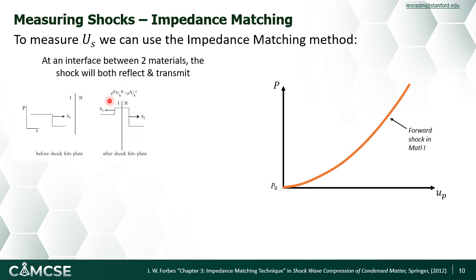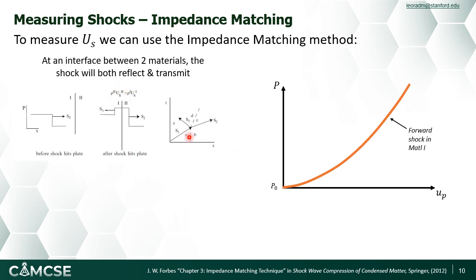So we'll end up with something that looks like this, where S1, our initial shock, becomes the superposition of S2 and S3, counter-propagating waves, where S2 has increased in shock impedance, that's the slope of the Rayleigh line, which is the density times the shock velocity, whereas our S3 has reduced in amplitude, or in pressure.